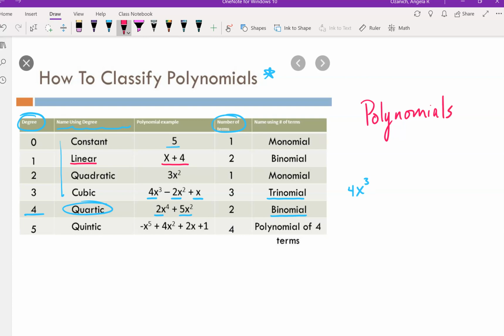And a lot of times what will happen is we're going to be breaking them down into what are called linear factors, and our linear factors are always going to be of the form x minus h, where h is going to be a 0 or root of our function.